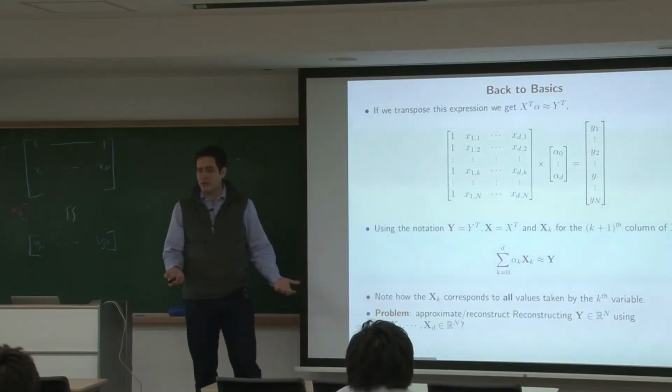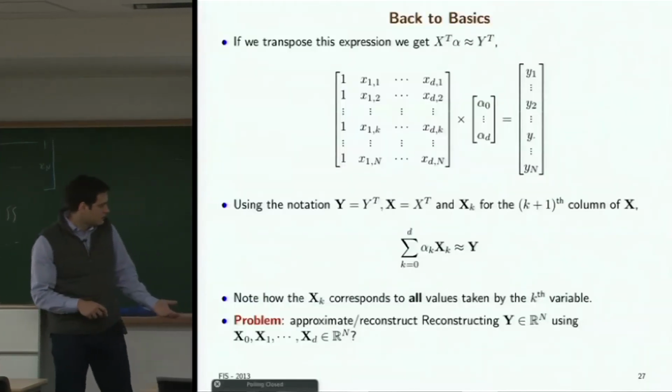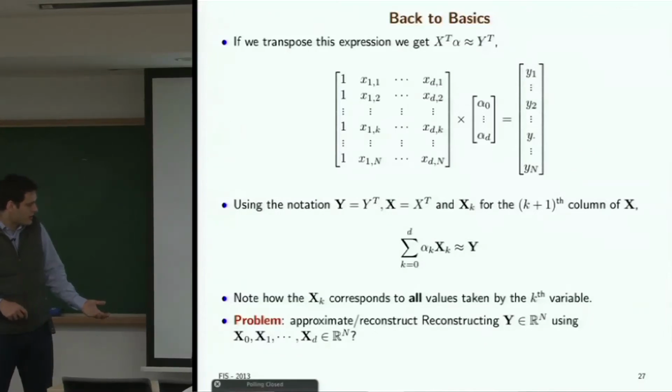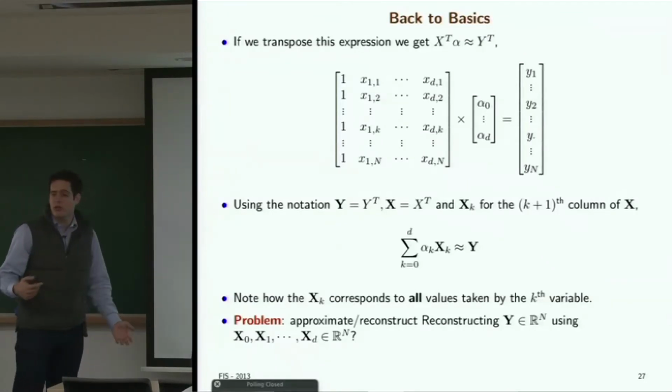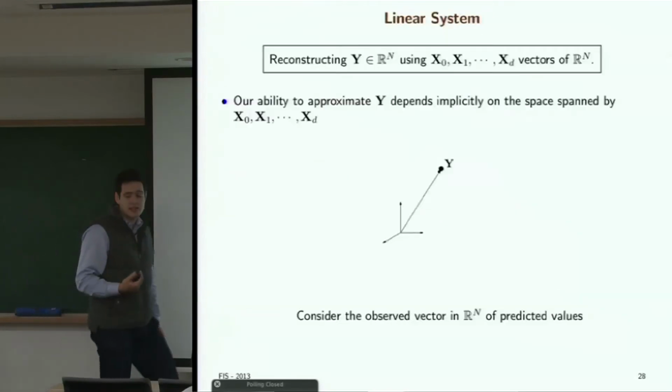So when can that happen? The goal of trying to find this is basically to approximate or reconstruct y in Rn using those variables, column vectors. So when is this possible?